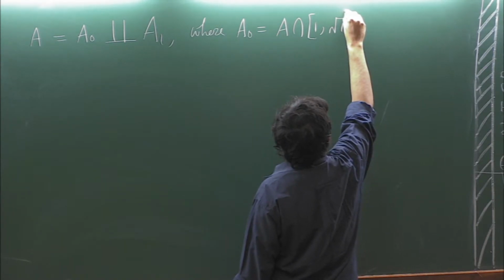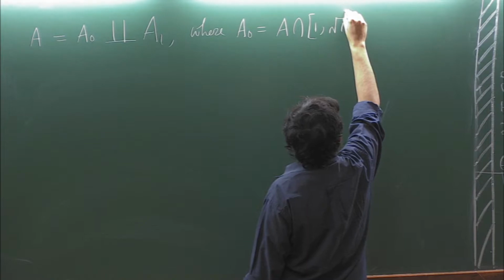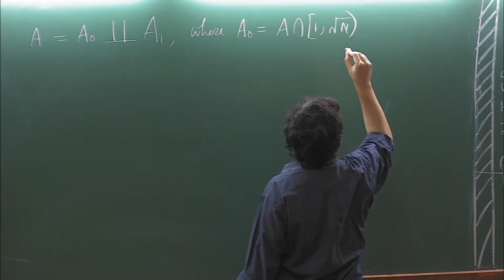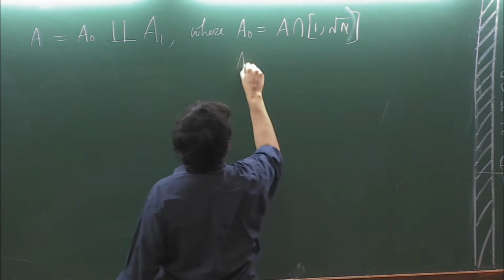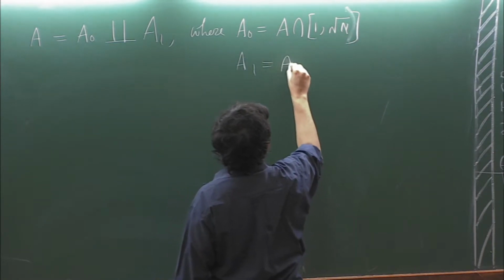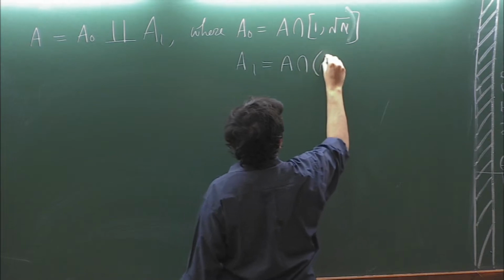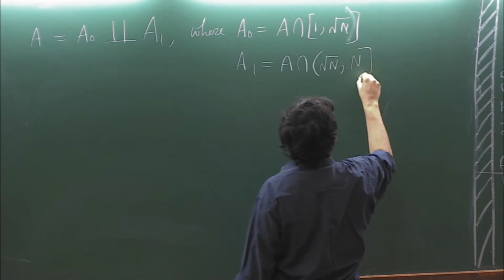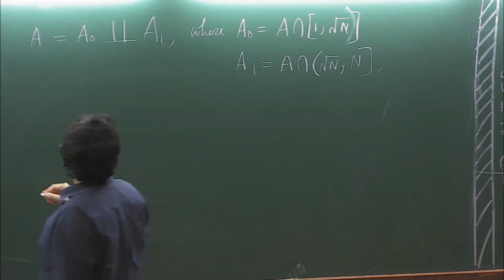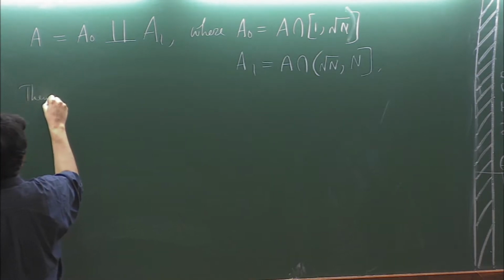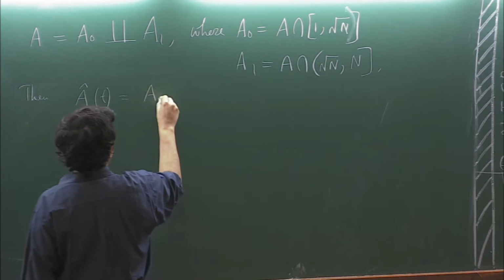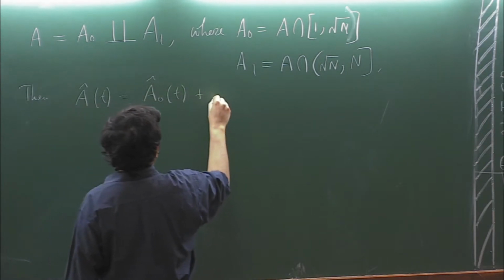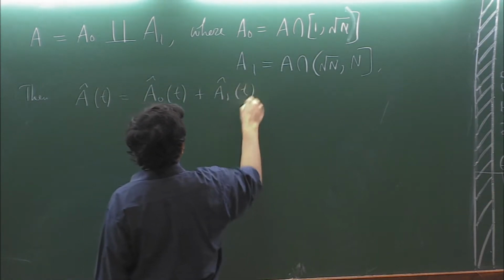In fact, this doesn't matter. And A1 is A intersection root n to n. So then A hat of t is A0 hat of t plus A1 hat of t.